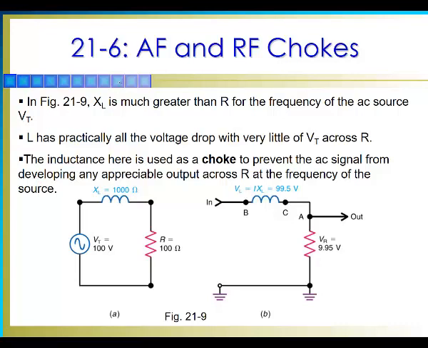All right, let's take a look at this circuit right here. We have a reactance of 1,000 ohms, a resistance of 100 ohms, and the applied total voltage is 100 volts.